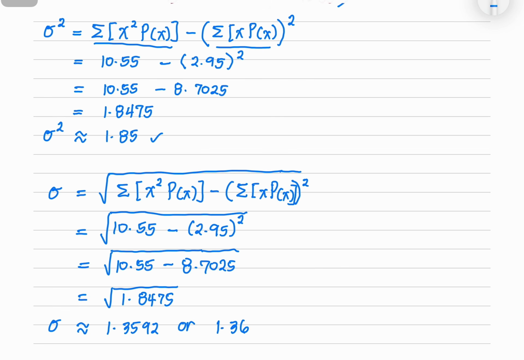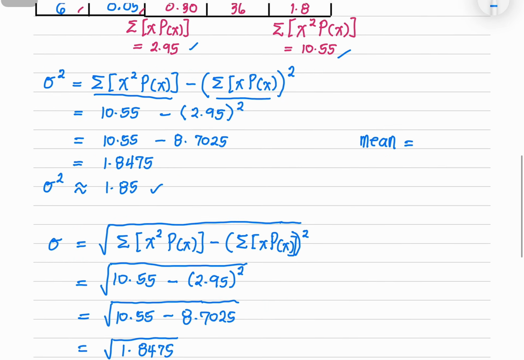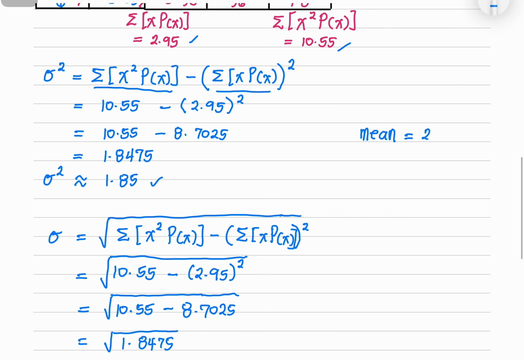Okay? So, compare natin using alternative method. Okay? So, therefore, ang mean natin dito ay, okay, that is 2.95, right? So, ito yung pinapahanap sa atin. And then, for variance, we obtained 1.85.